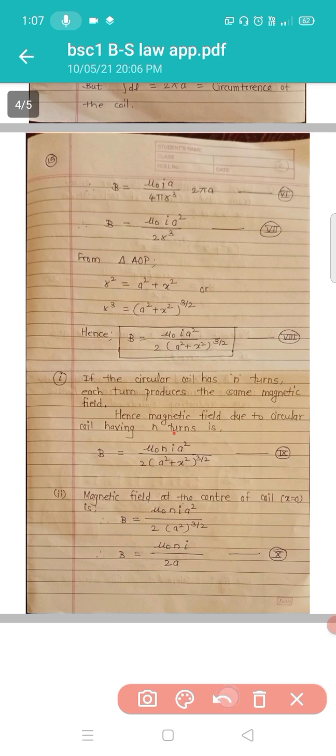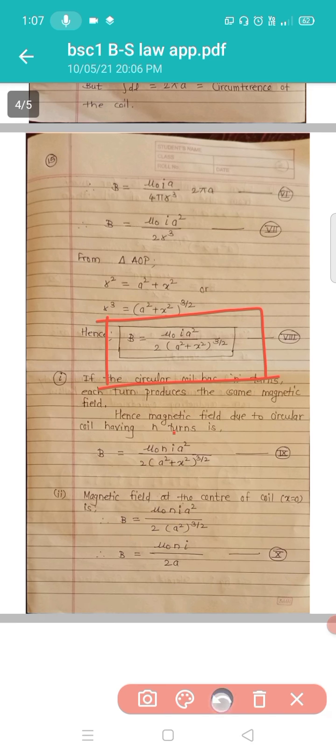Then again from triangle AOP we get r square is equal to a square plus x square, or r cube is equal to (a square plus x square) raised to 3 by 2. Hence we get B is equal to mu naught I a square upon 2 into (a square plus x square) raised to 3 by 2.